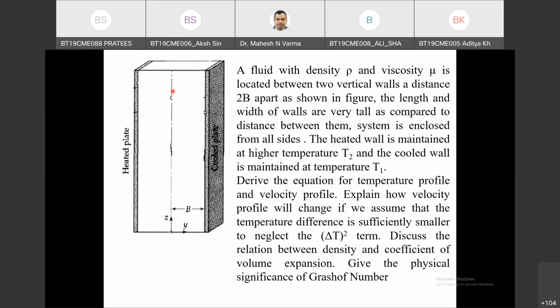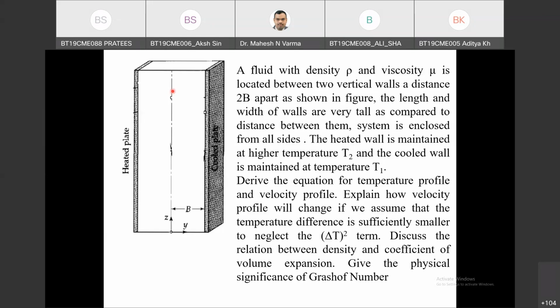You might have seen hot water. If you have a cup of hot water, the hot water will try to be at the top and the cold water will try to be at the bottom. What is the force which is giving rise to this kind of phenomenon, Ali? Sir, lower density. Yes, the difference in density.